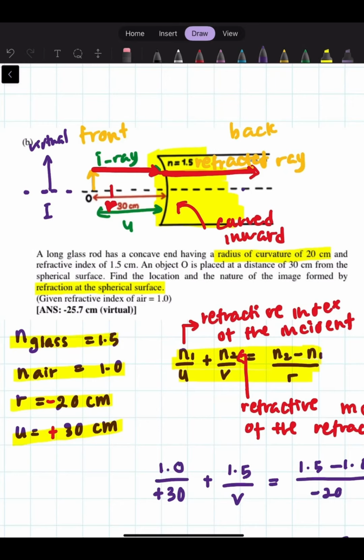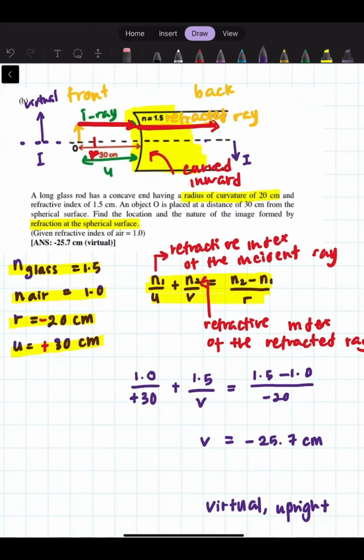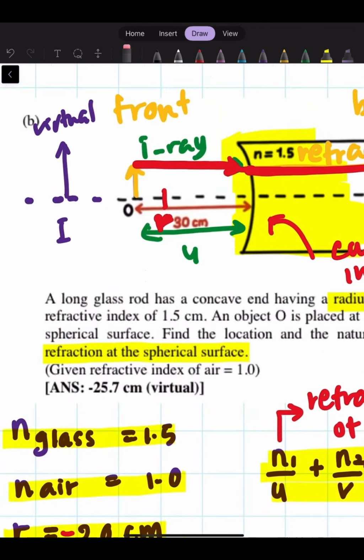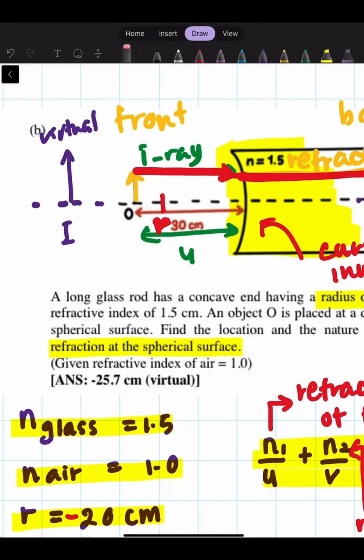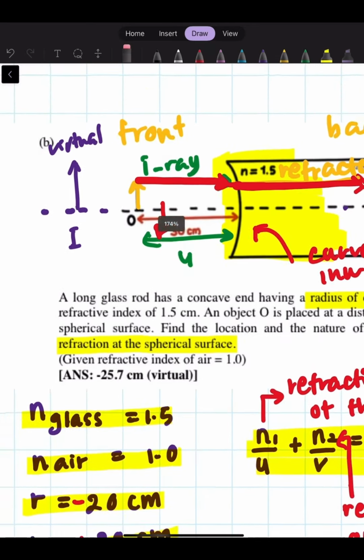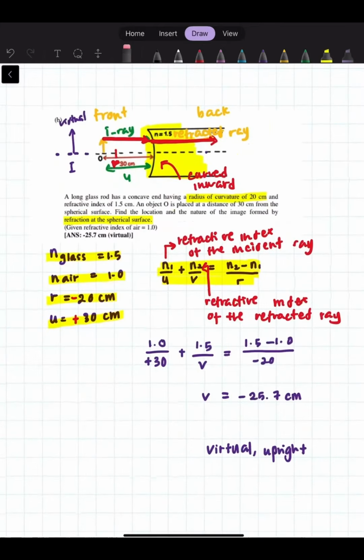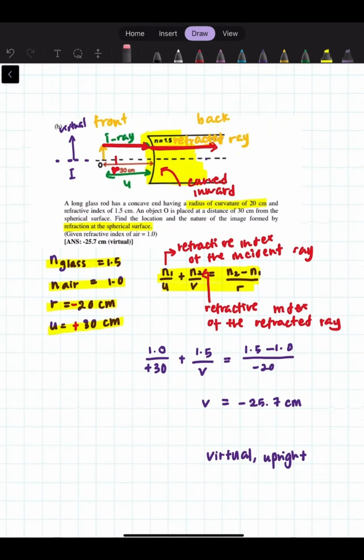If it formed on the opposite side from the object, let's say somewhere over here, it would be a real and inverted image. But in this case, it is virtual and upright. So it should form in front of the concave end, on the left side, which is the same side as the object. Now let's go through the next question.